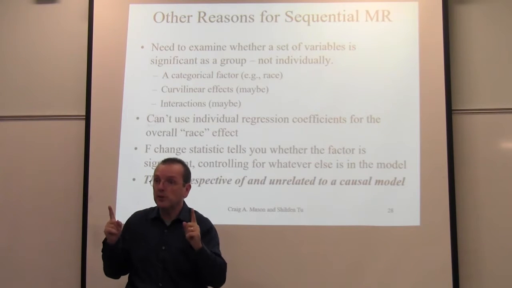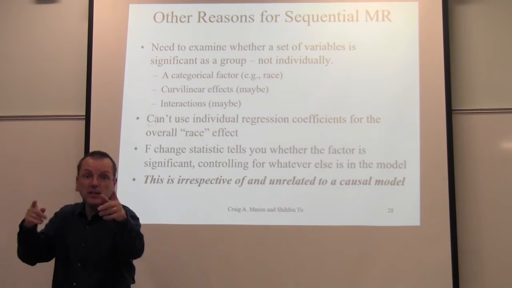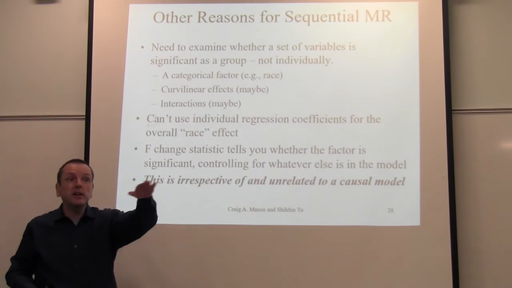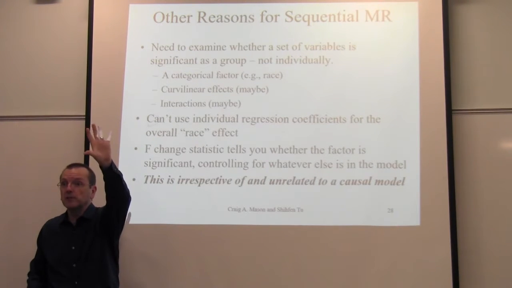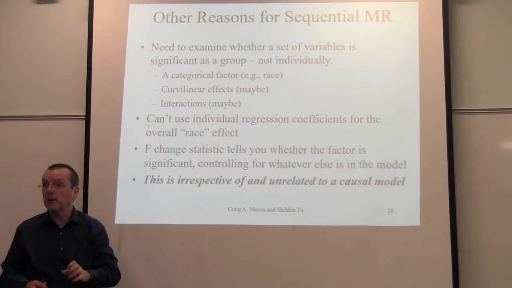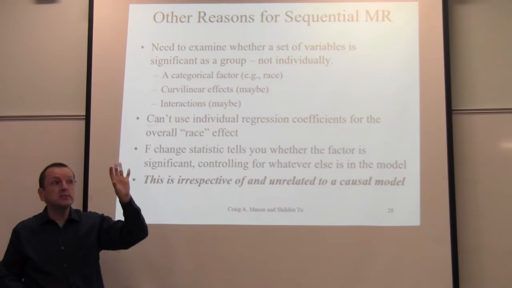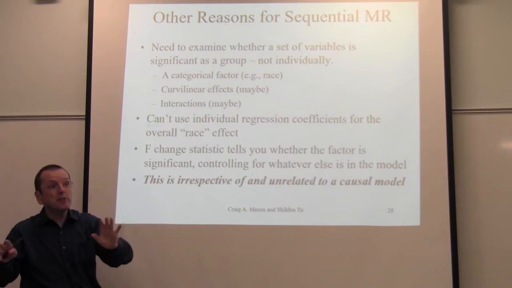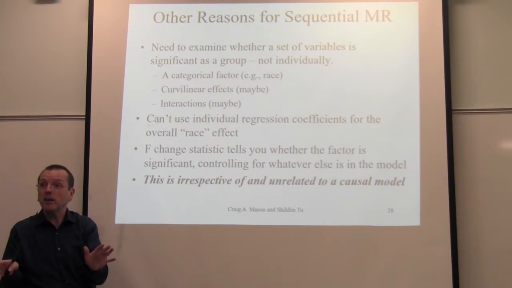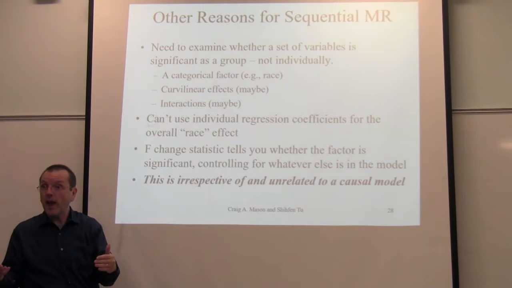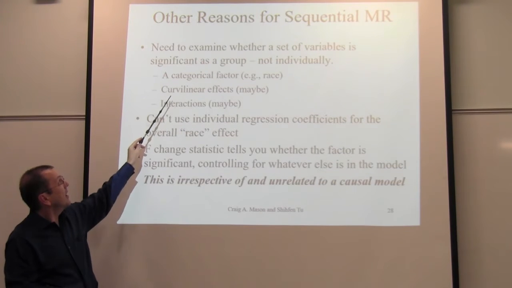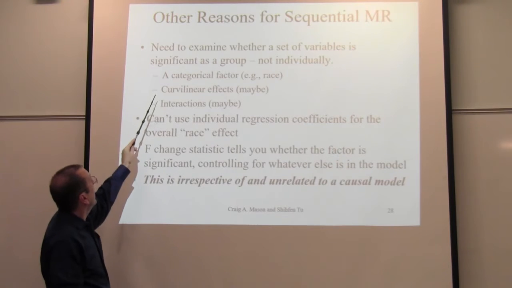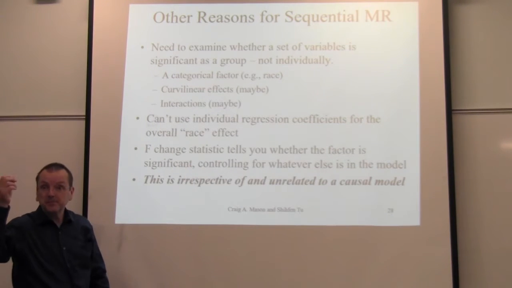Someone like Keith likes the simultaneous, but then immediately goes into entering some variables and then adding something. After telling you you have to have a causal model, here are situations where it's okay: curvilinear effects.